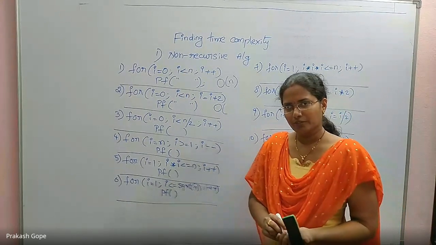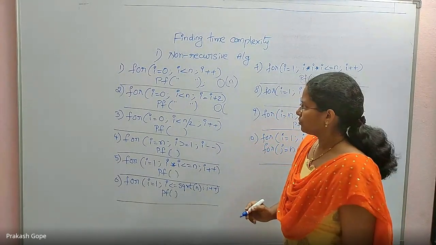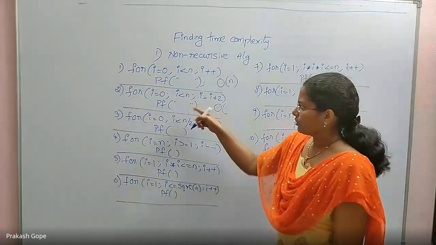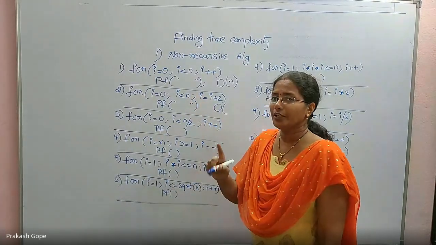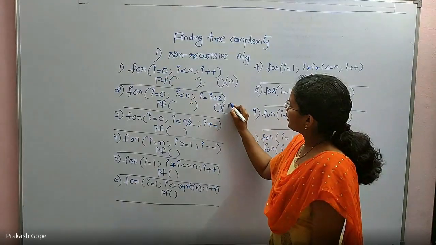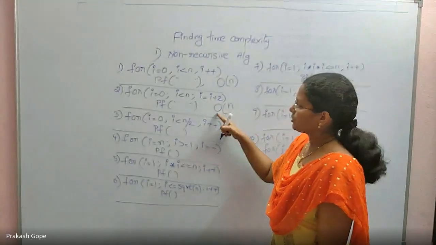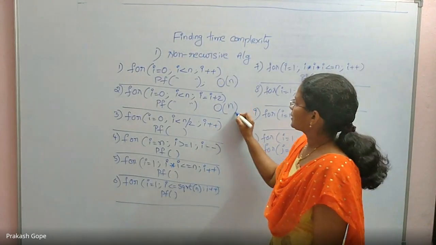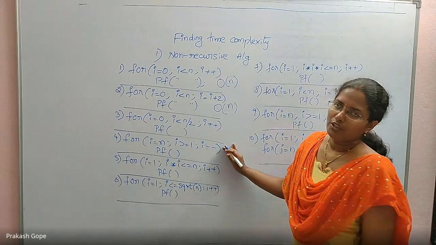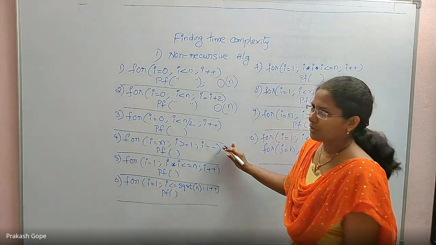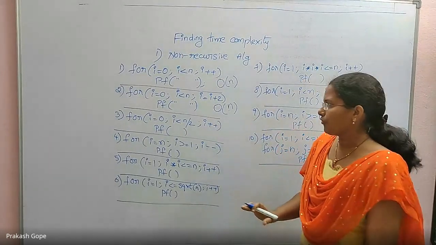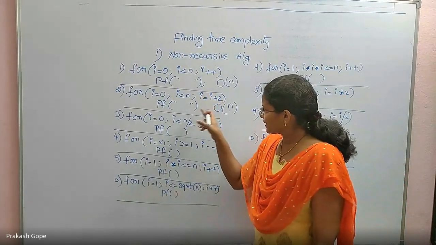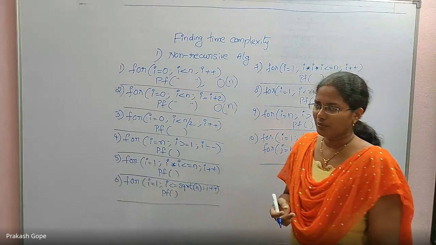So this line gets executed n by 2 times. But are we interested in that by 2? Because it is big O notation, we are not interested. That's why it is big O of n only. You can ignore constant additions, multiplications, divisions. If you want to know exactly how many, yes, it is n by 2.